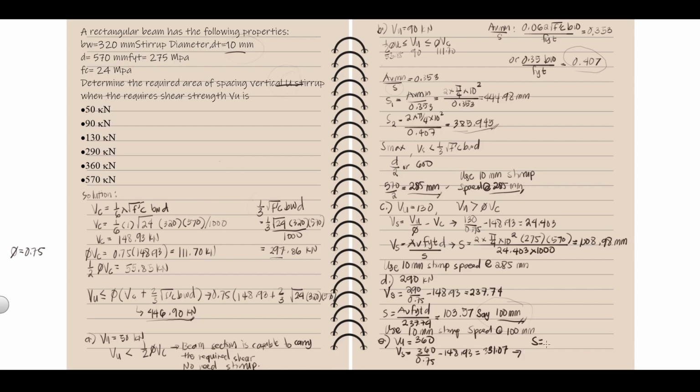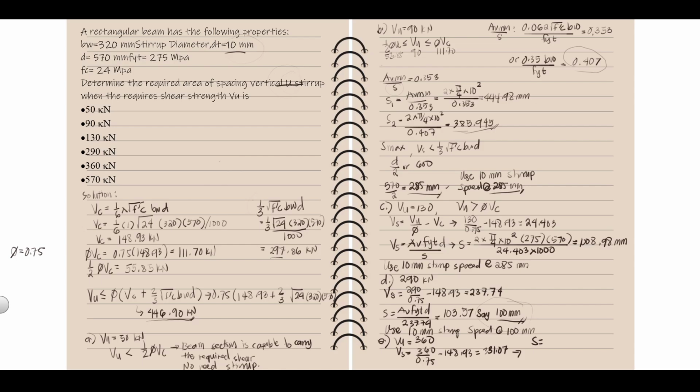So, our S, ano magiging S natin? Yung S natin is the same formula. Palitan lang natin yung VS sa baba. So, balikan mo lang yung kinompute mo kanina. Sa history ng calculator mo, nandun yun, no? So, papalitan mo lang yung nasa baba ng 331.07.